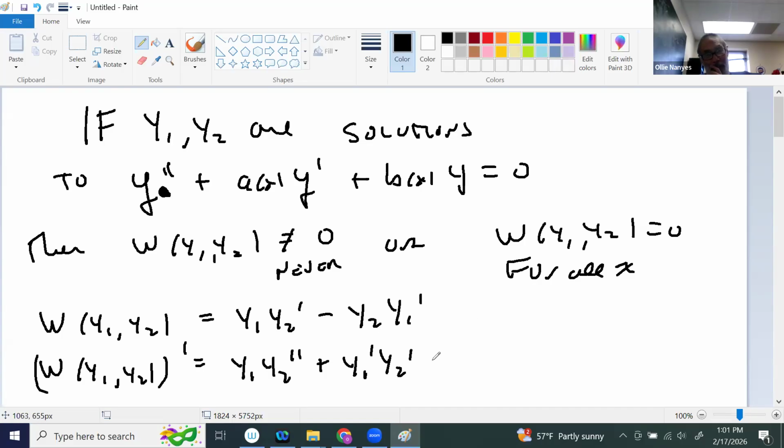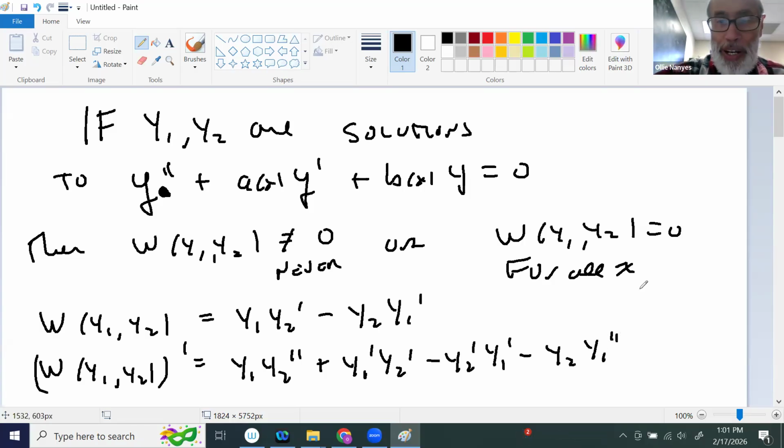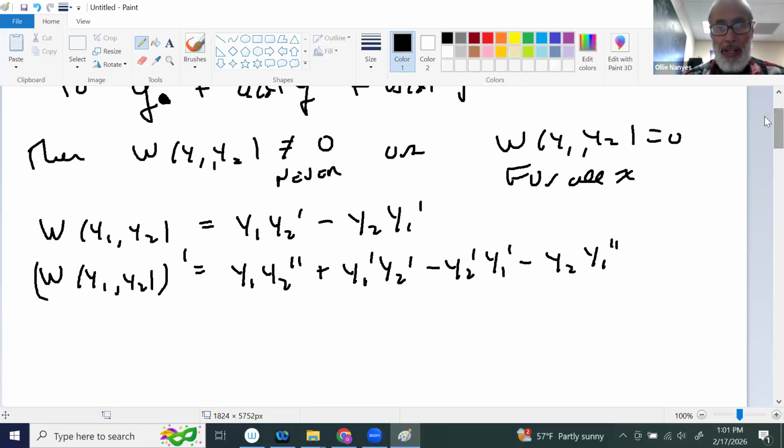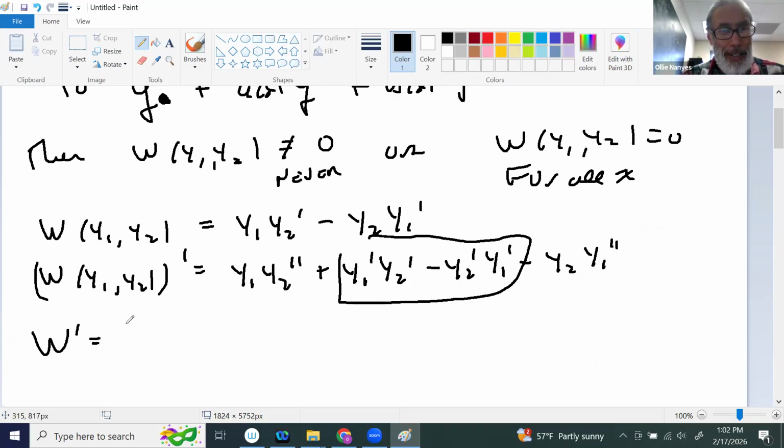Now taking the derivative of this, and then also doing this times the derivative of that, you get this sort of weird looking thing here. And notice these two terms cancel. So the derivative of the Wronskian is y1, y2 double prime minus y2, y1 double prime. Now let's keep that in mind.